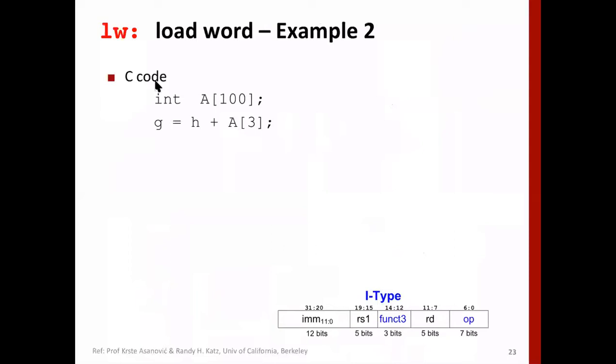So this is another example. Now it will become clear why we need the base address, right? In C code we have an array of type integer, which means each element of the array is of type integer, and it has 100 elements. An array of size 100, and then we are doing this operation, G is equal to H plus A3.